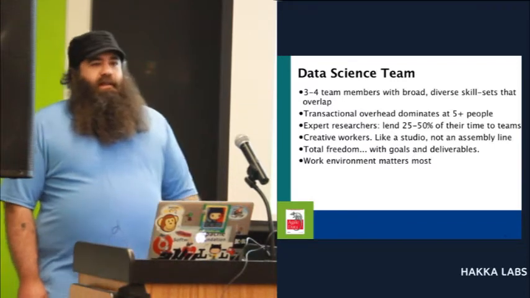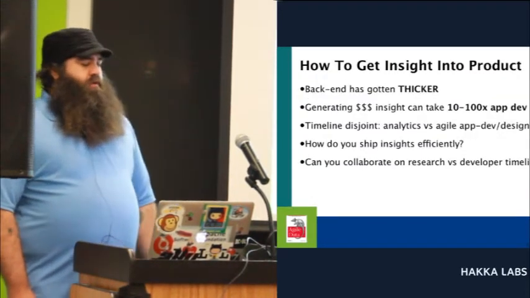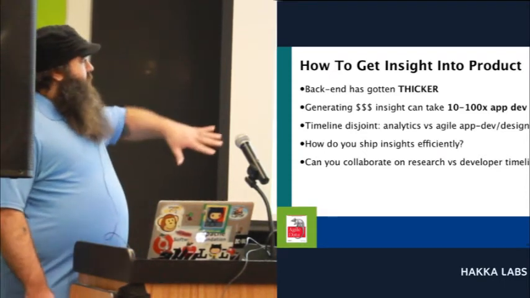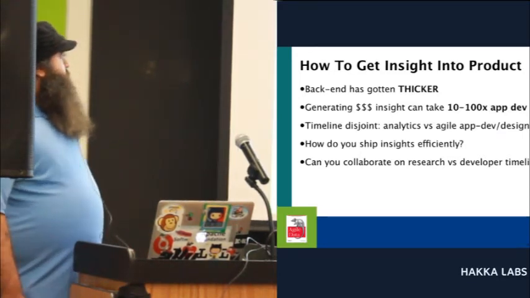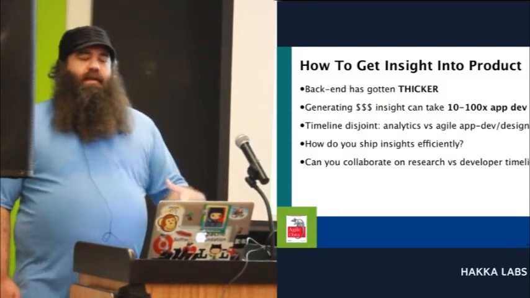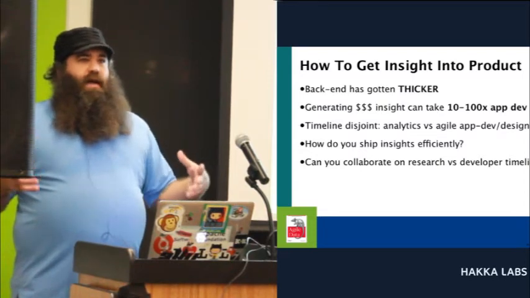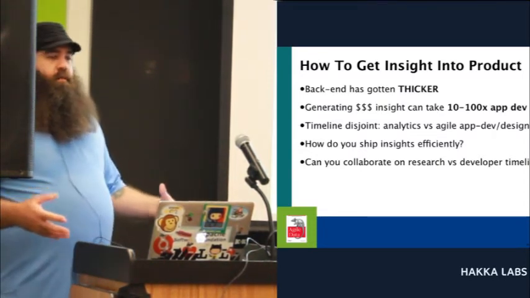So what you want to do in an analytics application is get insight into a product. But how do you do that? This backend now has gotten really thick. Hadoop is this entire other thing that sits behind your database. So generating insight that people would pay for in an analytics application can take 10 to 100, even more time compared to skinning that application for the web.